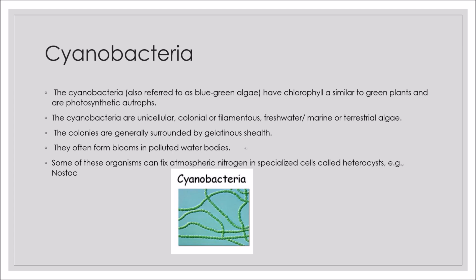And some of these organisms also help in fixing nitrogen in specialized cells called heterocysts. So these cyanobacteria also help in fixing atmospheric nitrogen, as I already told you before. They have specialized cells called heterocysts, for example, Nostoc. This type of organism, Nostoc, fixes nitrogen to the soil.